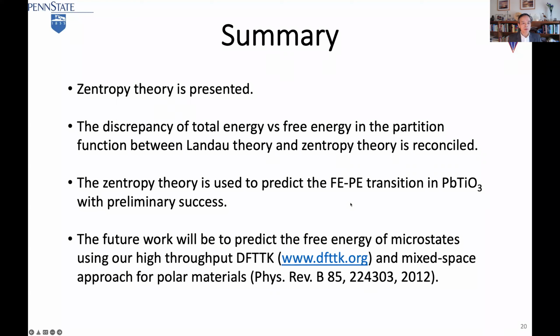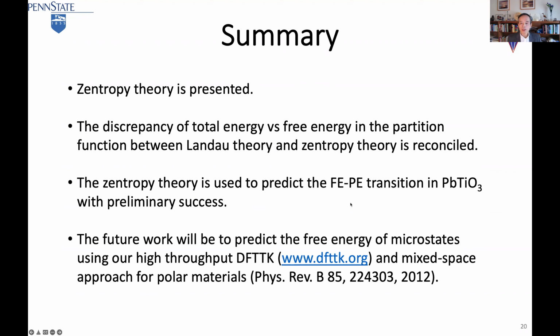So in this presentation, we introduced our Zentropy theory, and we believe Zentropy theory can be used to predict high-temperature properties, and can account for the anharmonicity of any material to the extreme, which is the critical point.